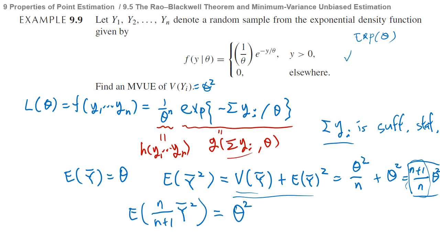Okay, so this is an unbiased estimator for theta square, and it is also a function of the sufficient statistic, the sum of yi. So n over n plus 1 times y bar square is the MVUE.